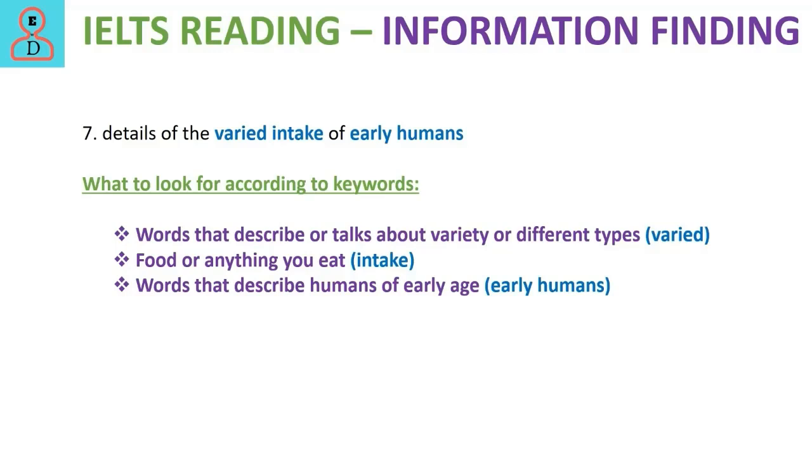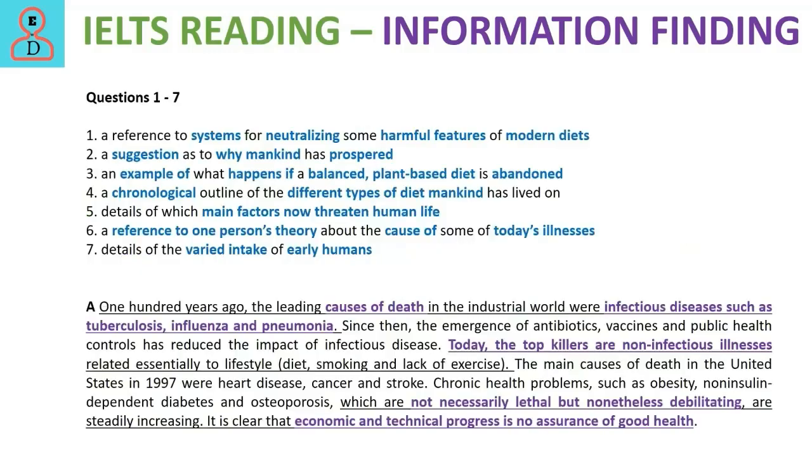And also remember that the next step after highlighting the keywords is to start reading from paragraph A. Let's look at paragraph A and see whether it contains information related to any of the statements or not.